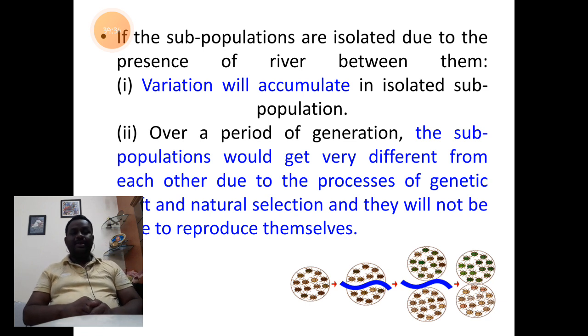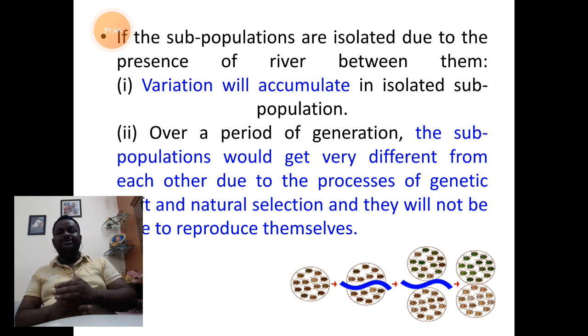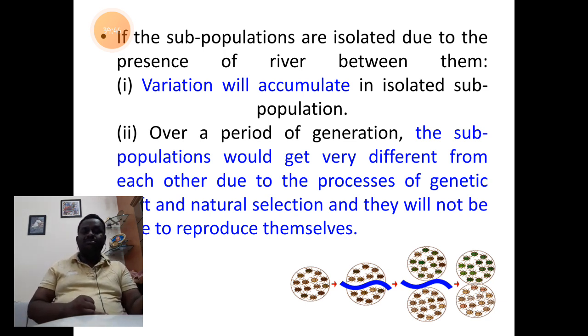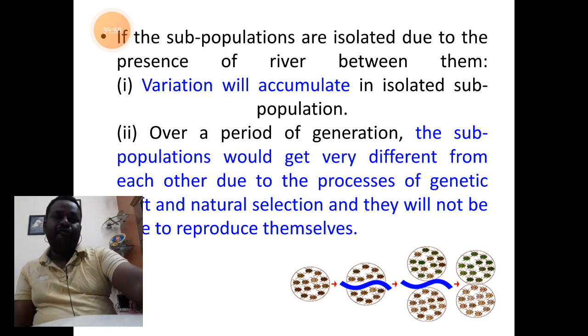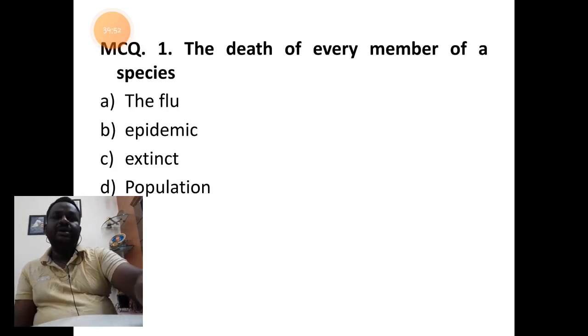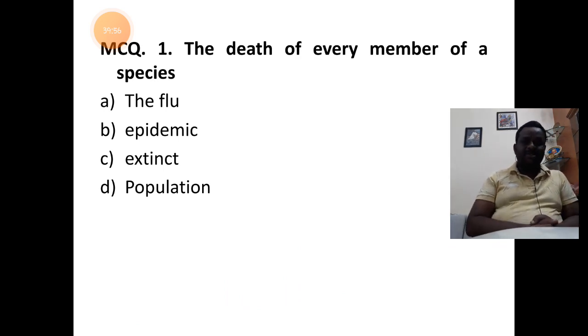Meaning to say, they are accepted by nature, make them fit, and thereby these characters will be inherited to the generations and a totally new species gets formed. So this is about the importance of geographical isolation, students.